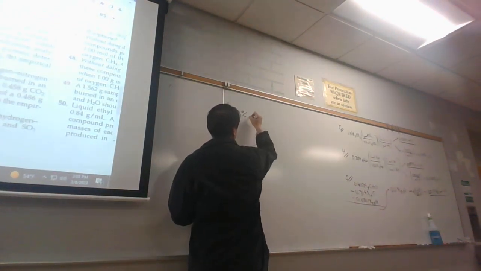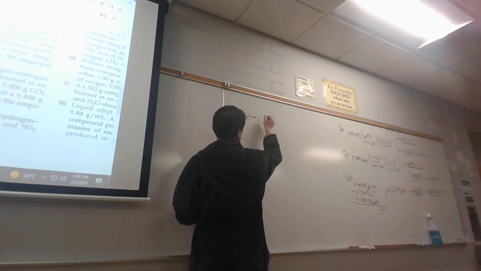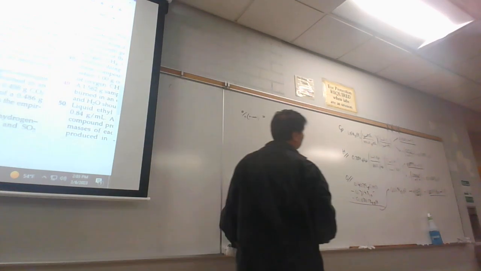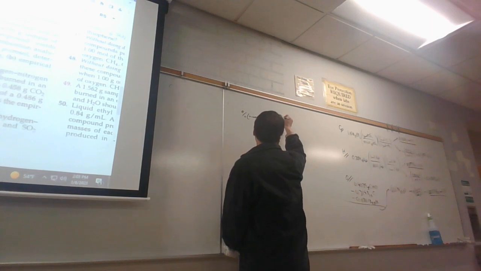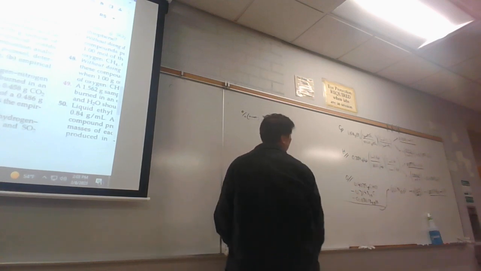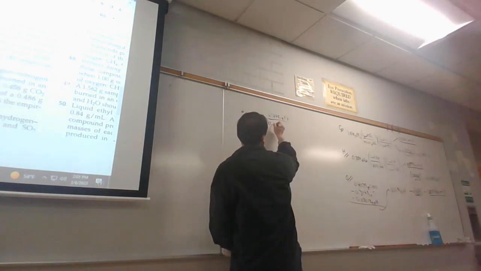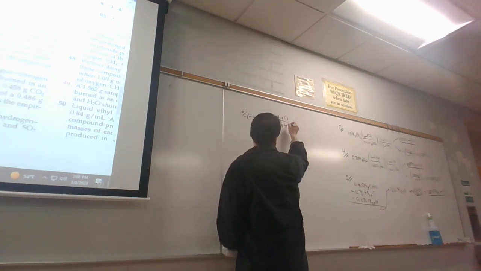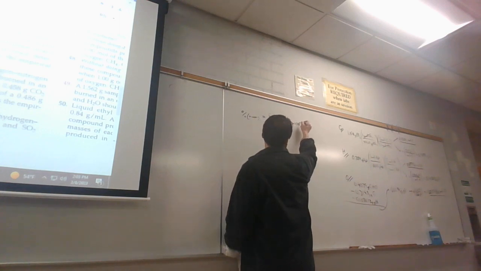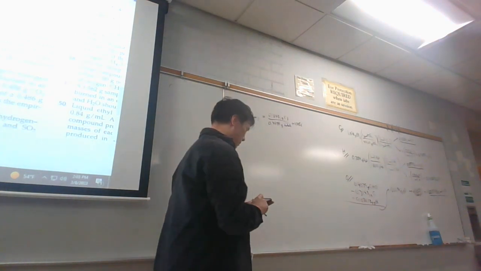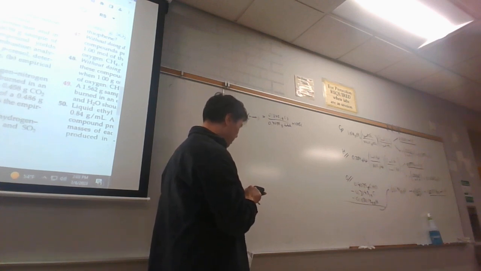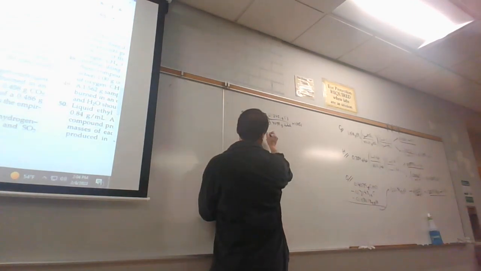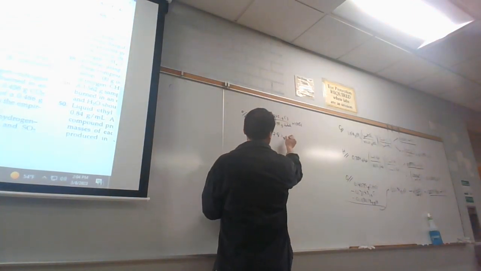Okay, so the percent by mass is equal to 0.31431 grams of carbon divided by the total mass, which is 0.4039, times 100%. 0.31431 divided by 0.4039 gives 77.818% carbon.